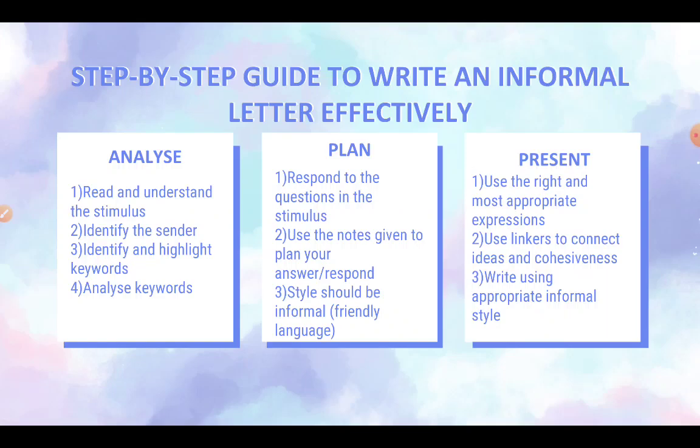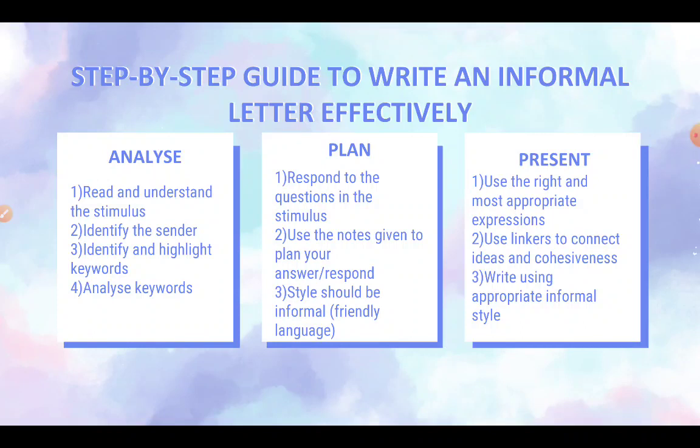Now here come the step-by-step guides to reply to an informal letter effectively in your task 1. You will be given a stimulus, a letter here, for you to analyze before you write.